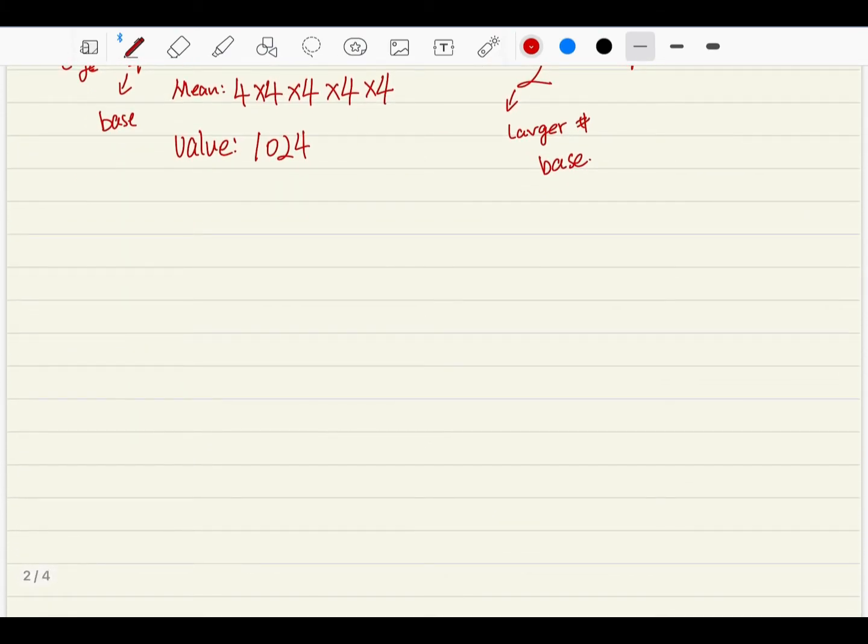Let's look at another example. For this one, the number 6, the smaller part, is the exponent, and the larger part, in the bracket, is -3. The -3 is the base. To read this, it's -3 to the 6th power.